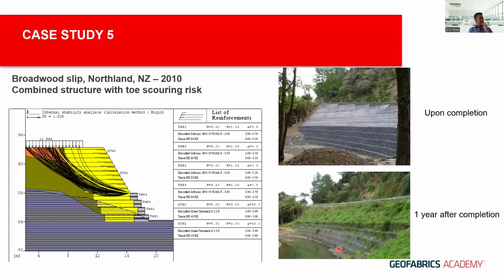Case number 5 is again a slip involving a scouring of the toe due to the rising of the river water, in winter months especially. So the highlight for this is basically the use of a combination of different facing types.